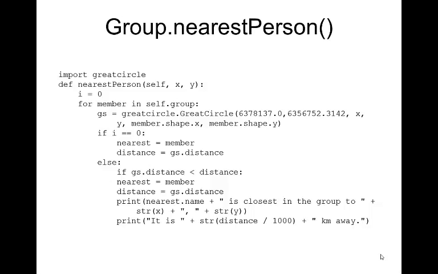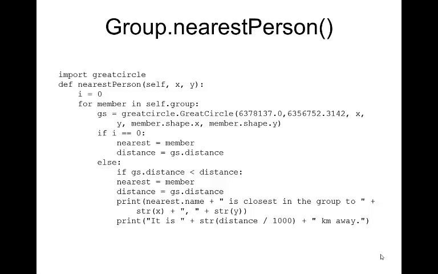So in this case, we loop through each member in a group. We use the Great Circle module to calculate the distance, Great Circle distance between a particular location and the location of each member. We calculate the distance, and we keep a tab of which one is nearest to the point, which one has the lowest distance to the point.